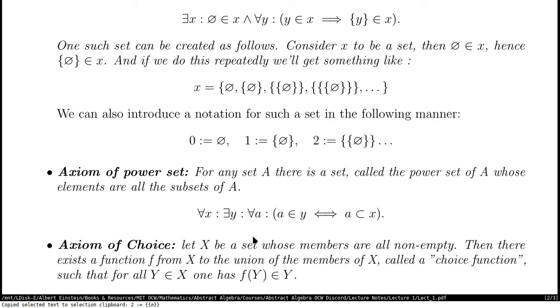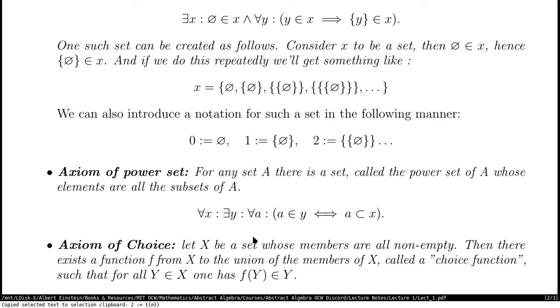So what this function lets you have is that if you pick one set in X, let's say the set A containing the singleton A, then f of A is going to be within A, because again f goes from here to the union of elements.